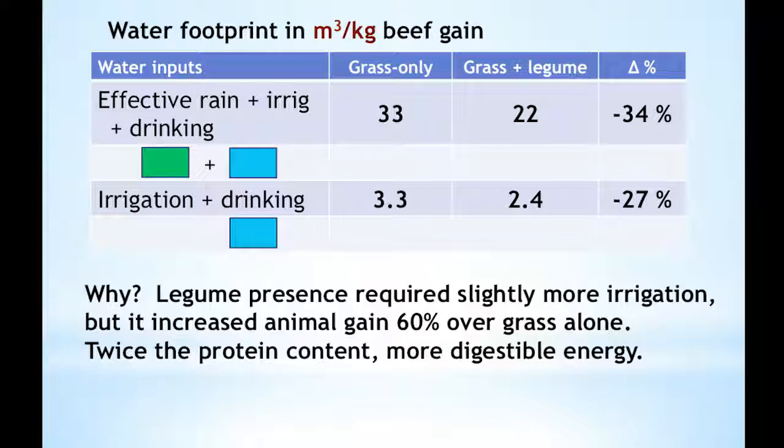That's a 34% lower water footprint by including that alfalfa. And then the irrigation plus drinking is blue water only, and that is 3.3 for the grass only and 2.4 for the grass legume, that's 27%.